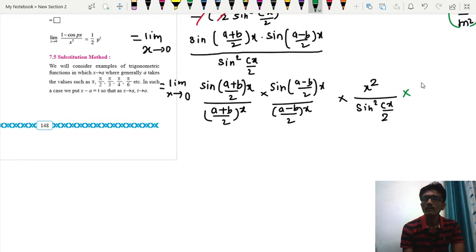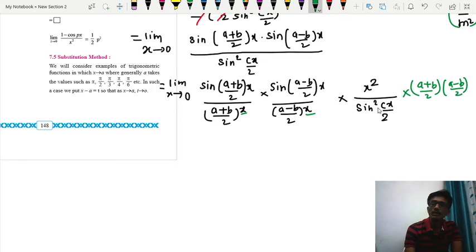So here we multiply by (a plus b) upon 2 into (a minus b) upon 2. The x square is no problem, that x square is multiplied here. Then here we require c by 2 whole square. So c square by 4 is multiplied here. Here also you have to multiply c square by 4.